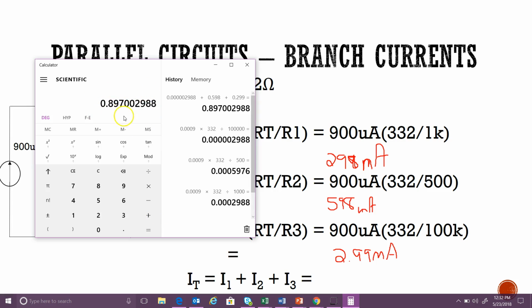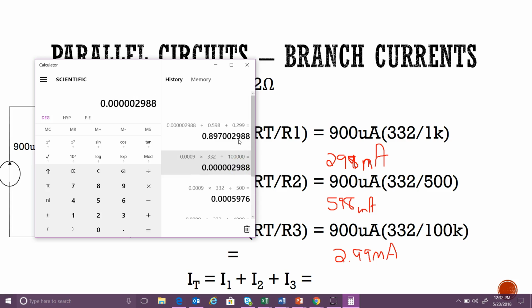And due to rounding, I've missed 3, not quite a whole 3 nano amps. So if you don't round these, it should come out pretty perfect. If we took all 3 of these numbers exactly and added them together, well, let's see if I can do that, plus that, plus that.